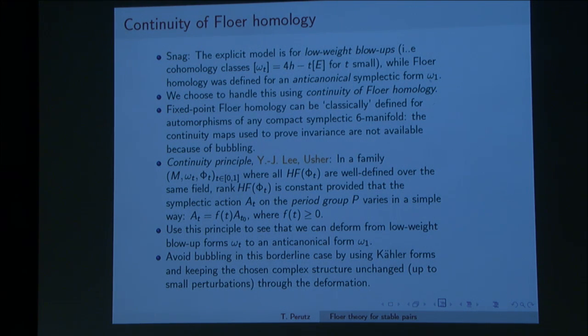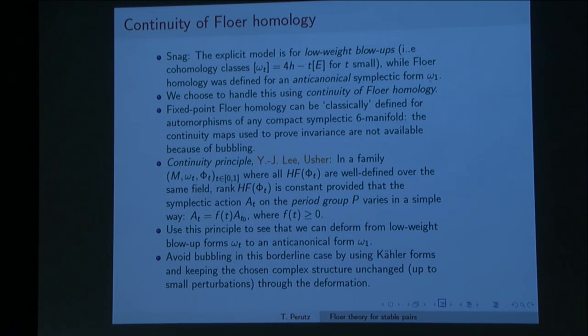Now, there are various ways that one could try and handle this discrepancy. The one that we have used is the following. There are continuity principles for Floer homology, which haven't been exploited very much. They're mainly due to Yi-Jen Lee, with also an input from Mike Usher, which give you circumstances under which one can see that Floer homology does not change in a one-parameter family.